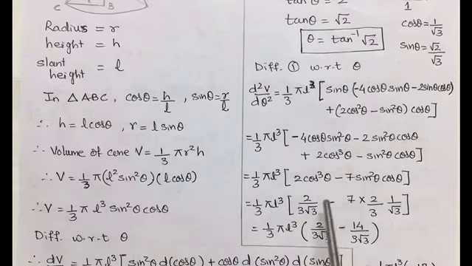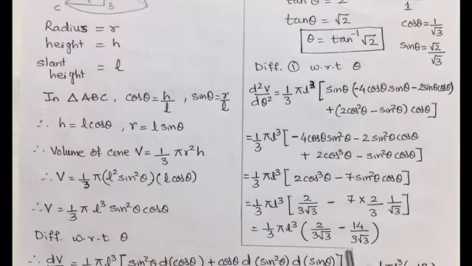Now keeping the value of cos theta as 1 upon root 3 and making cube, taking the cube of it makes it 1 upon 3 root 3. Keeping the sin theta value as root 2 upon root 3, squaring it gives 2 by 3, and cos theta as 1 by root 3.